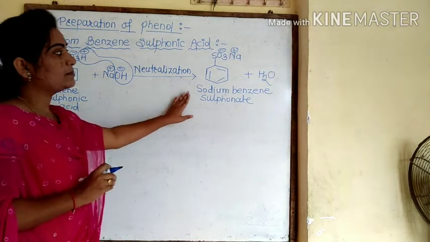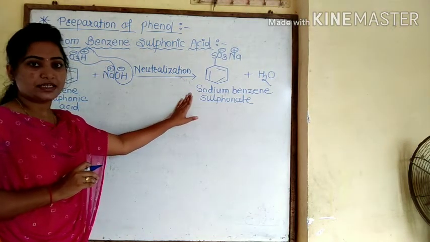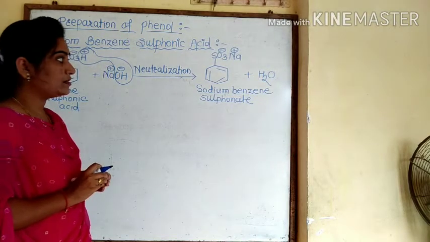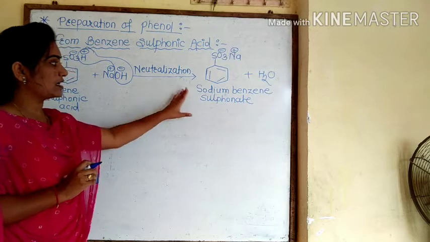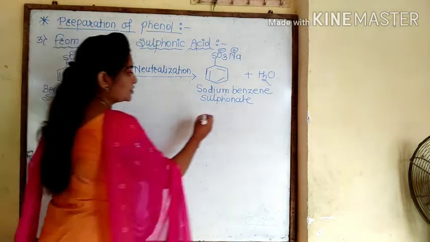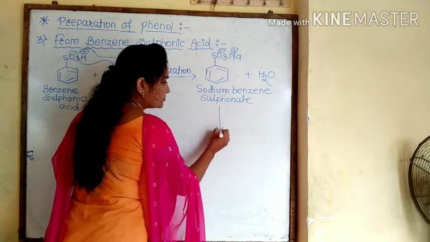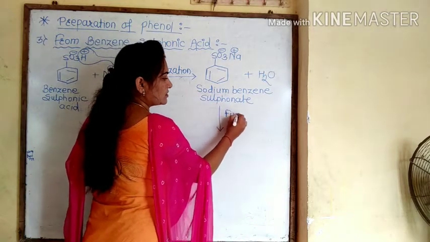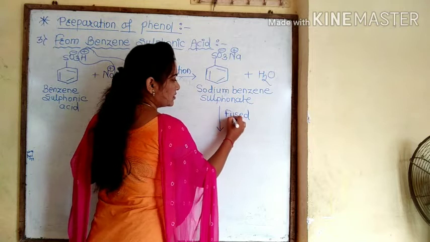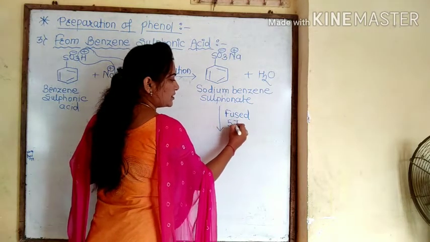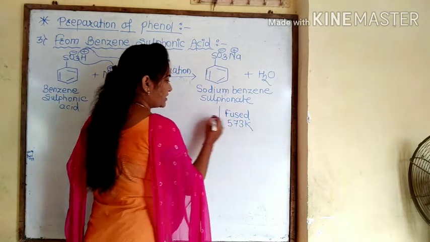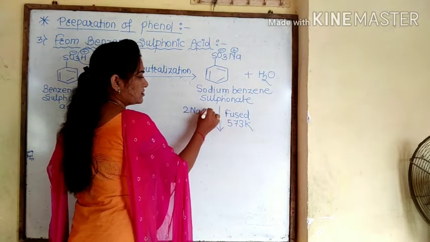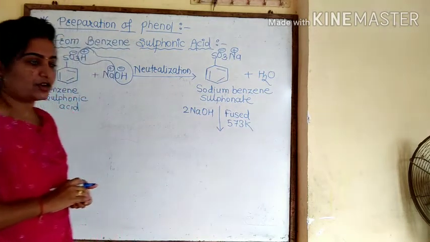Now this sodium benzene sulfonate, this intermediate, is again fused with NaOH at 573 Kelvin temperature, reacting with 2 moles of sodium hydroxide.